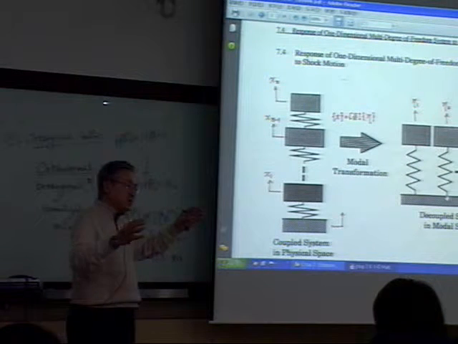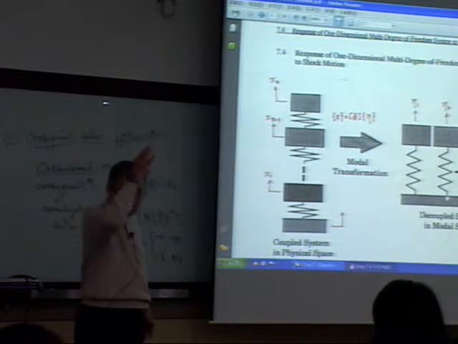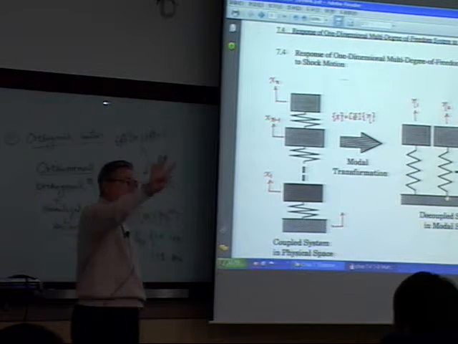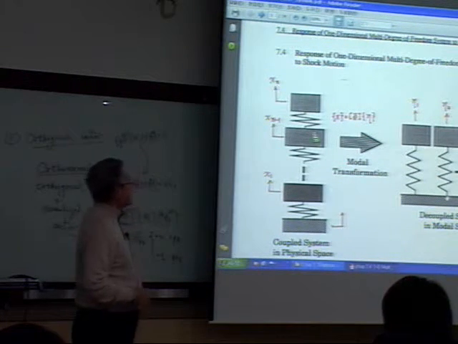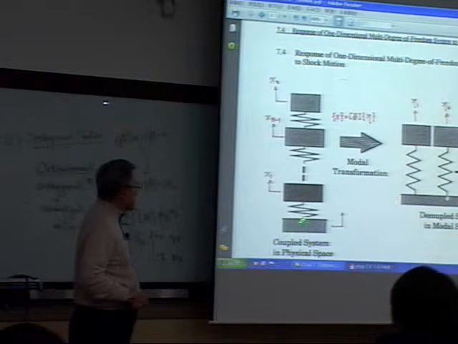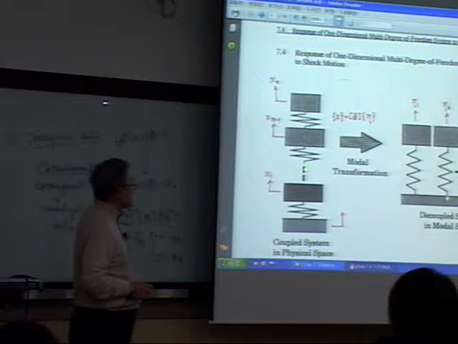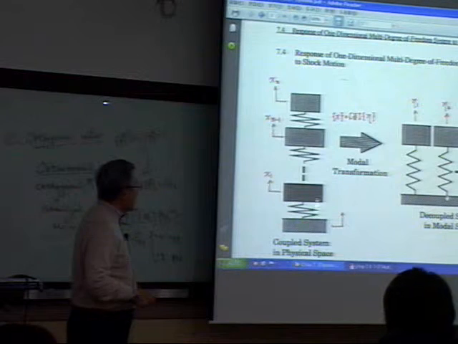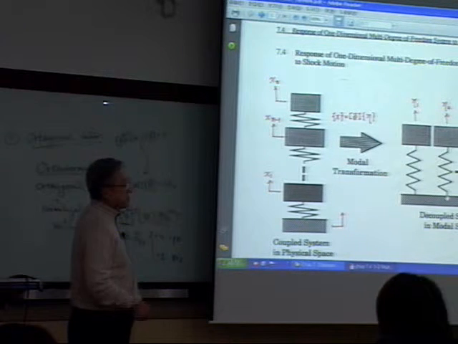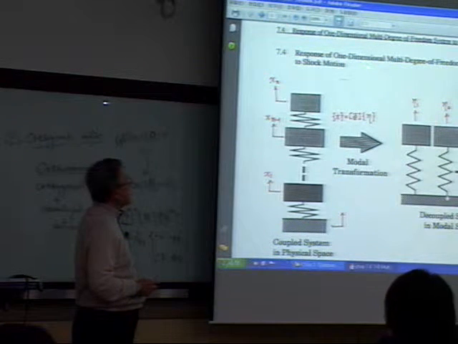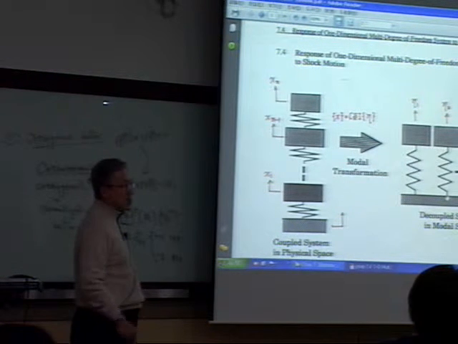Everything is mounted on the hull plate, or on the deck, or right on the plating. Some equipment you mount right on the wall. The shock motion in this case is a base motion. So this has multiple degrees of freedom, but it is all connected in a one-dimensional manner. So it's called a one-dimensional multi-degree of freedom system subject to shock motions.